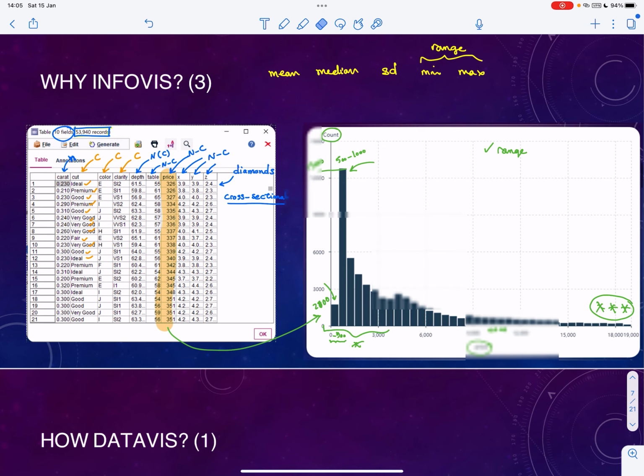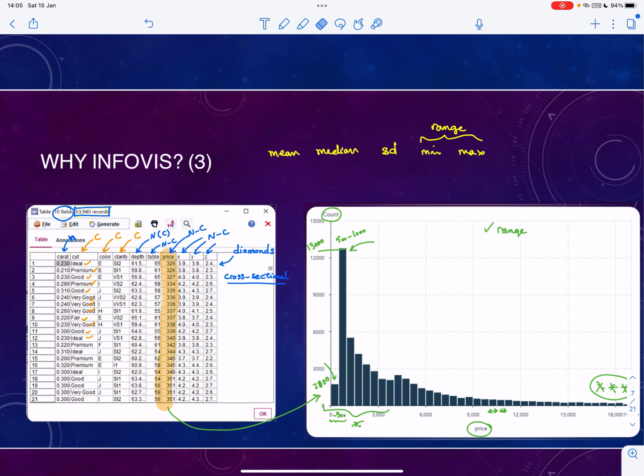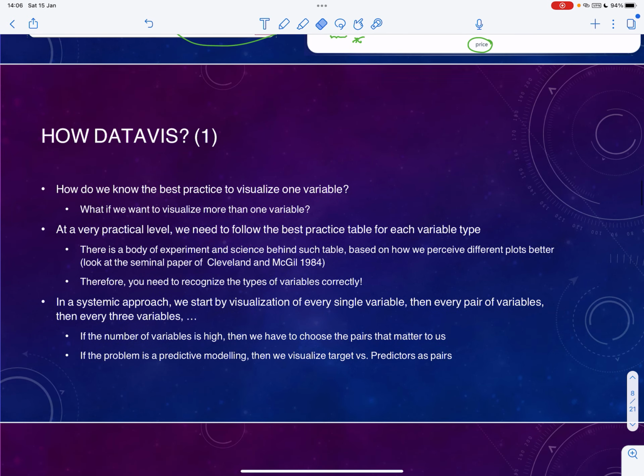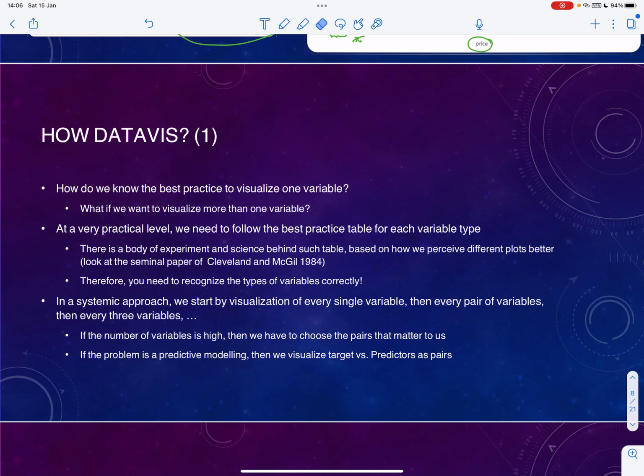So this is why information visualization is so efficient. In a very short time, I got insights into this variable. Let's go and talk about how to do information visualization.